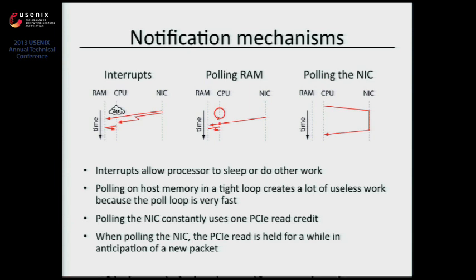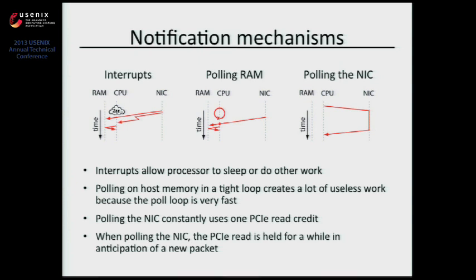Now we chose to, instead of polling on a host memory location, poll on the NIC. So we were polling on the location that's mapped to the NIC, and we're actually issuing cache misses to do this. This has the benefit of slowing down this tight polling loop and creating less useless work, and also avoiding communicating through host memory.